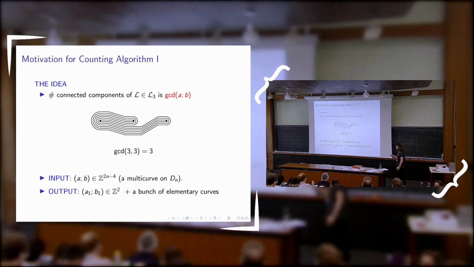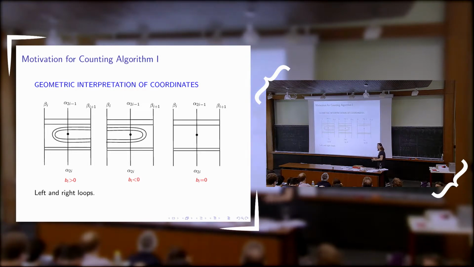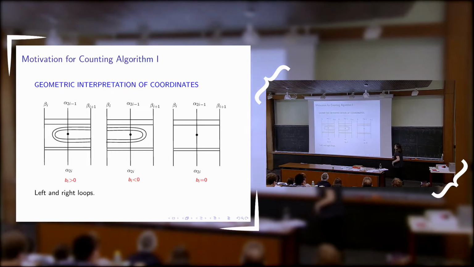Okay, but before coming to the algorithm, I'd like to say a few more things about the geometric interpretation of Dynnikov coordinates. There are some notations. These are how the multi-curves look locally. So this is the case where bi is equal to 0.